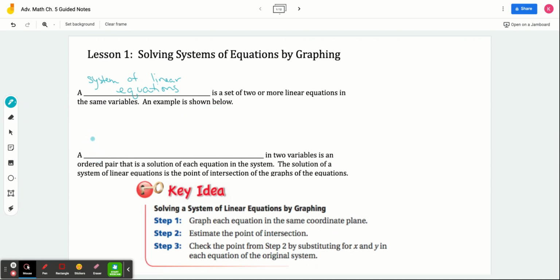A solution of a system of linear equations in two variables is an ordered pair that is a solution of each equation in the system. The solution of a system of linear equations is the point of intersection of the graphs of the equations. So again, where those two lines will meet or cross.